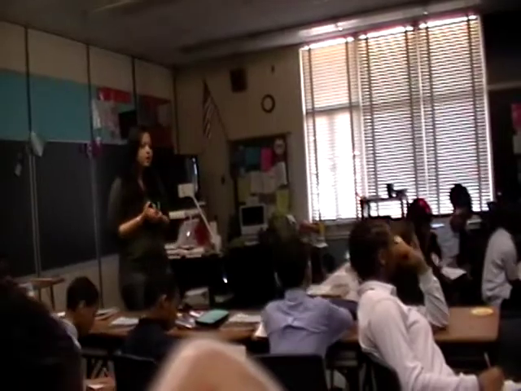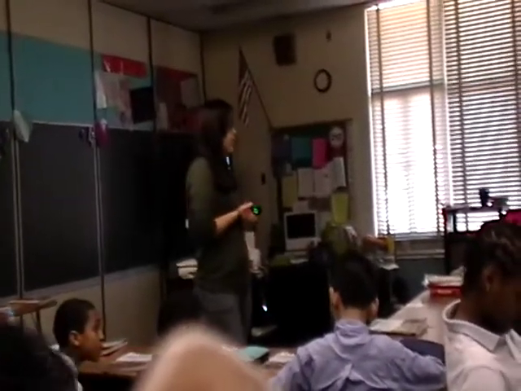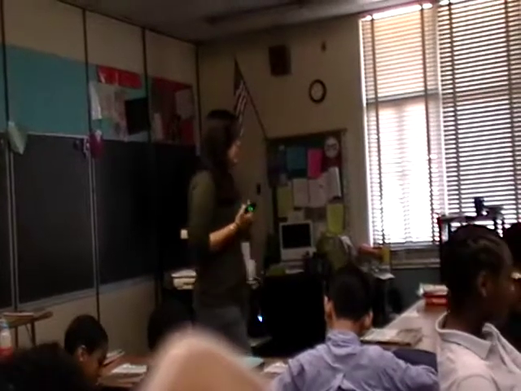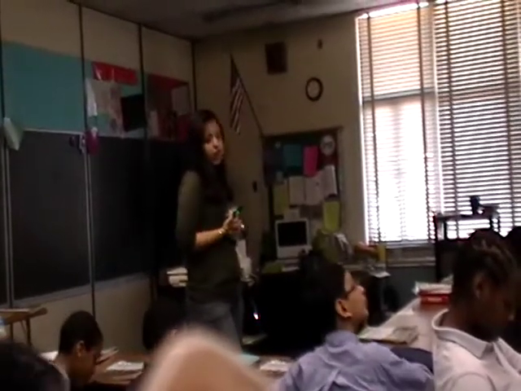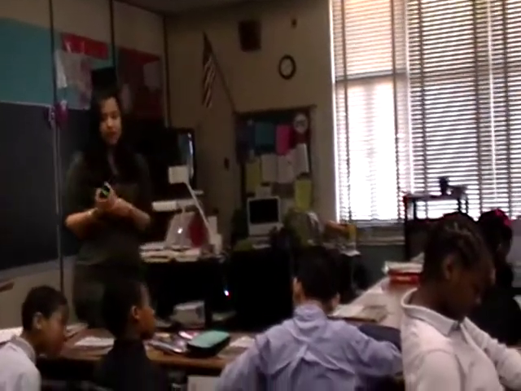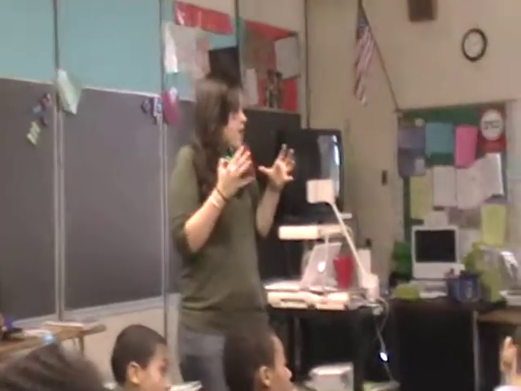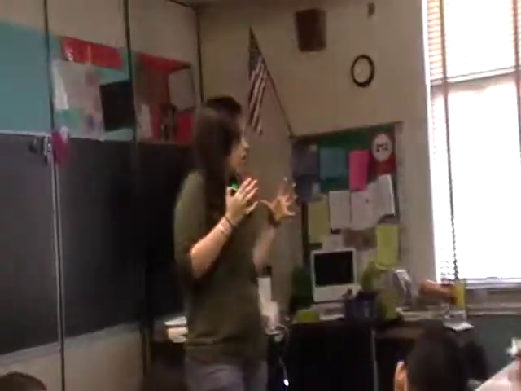So, plays are also organized a little bit differently. They're broken down into acts and scenes, whereas novels are broken down into chapters. An act is similar to a chapter in a novel. It's pretty much like a main idea going on in an act. So, the play is in school.